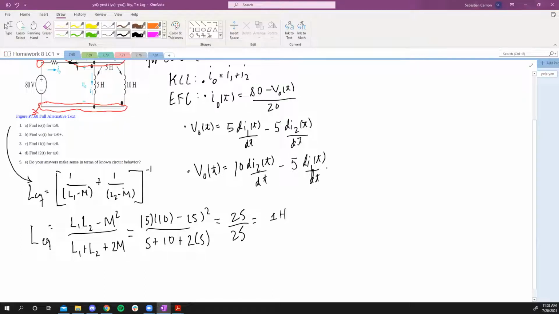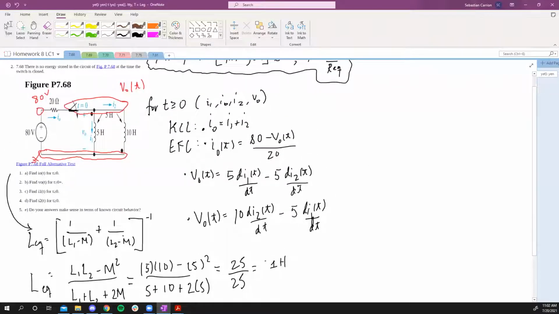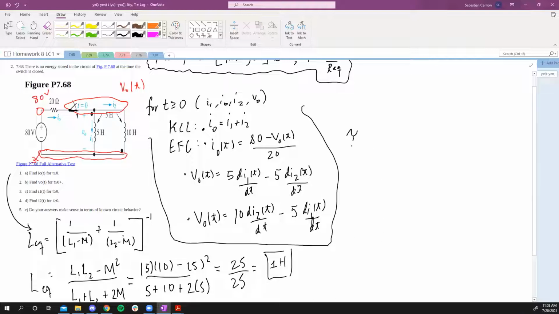Okay, so with this value we can find our tau, because we only have one resistor, so this is our equivalent resistance. So tau is going to be equal to 1 over 20, right?